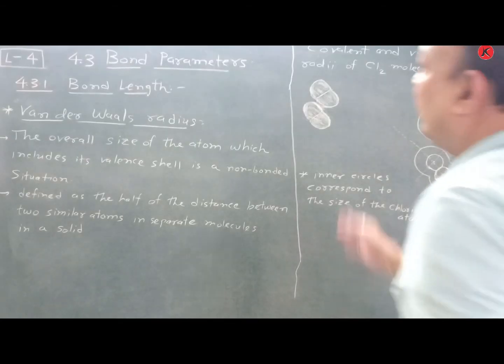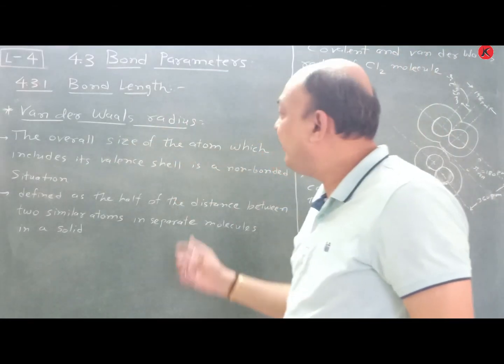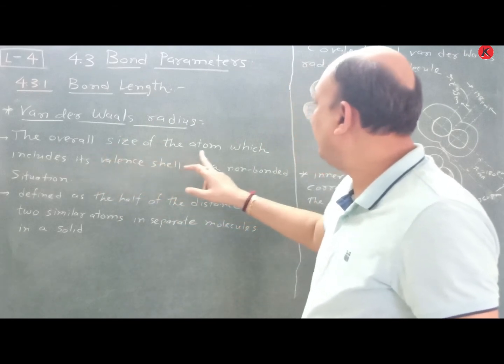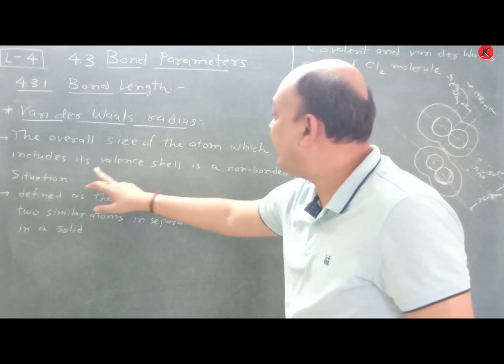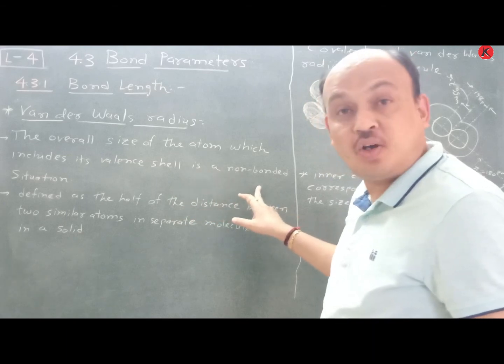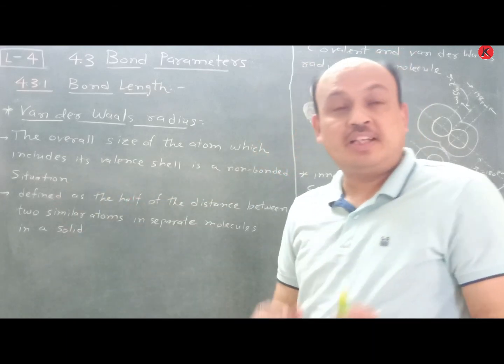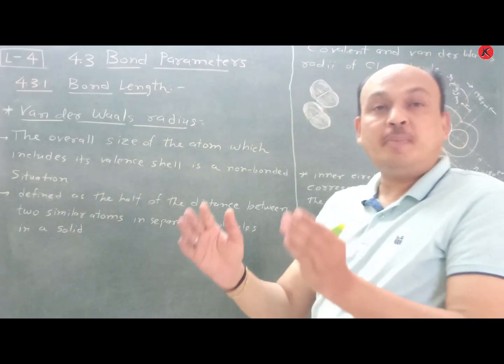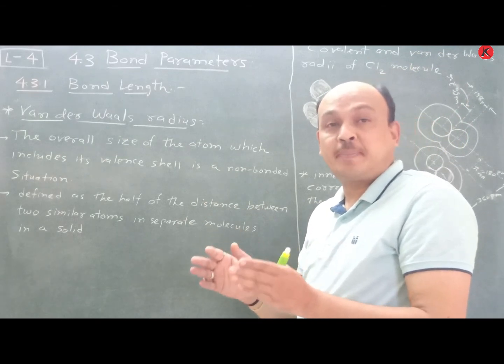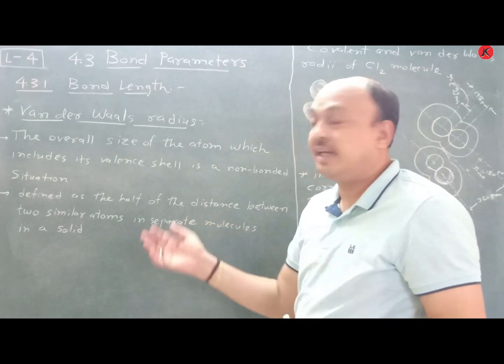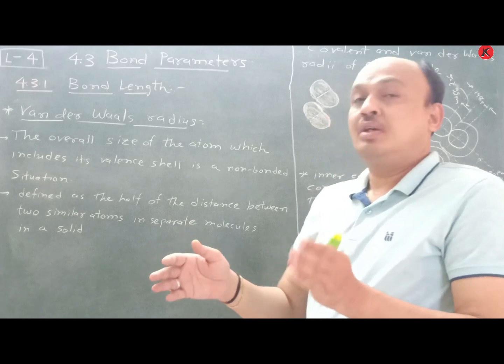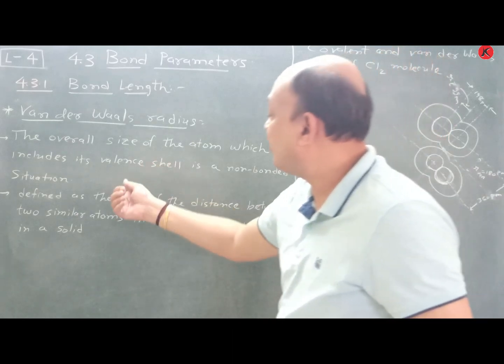Okay, now here van der Waals radius is the overall size of the atom, which includes its valence shell in a non-bonded situation. That means in covalent radius only the bonded part is considered, and only the atom's core.